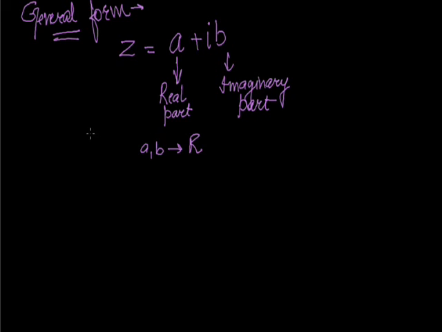So we can write the real part of z is equal to a and the imaginary part of z is equal to b.